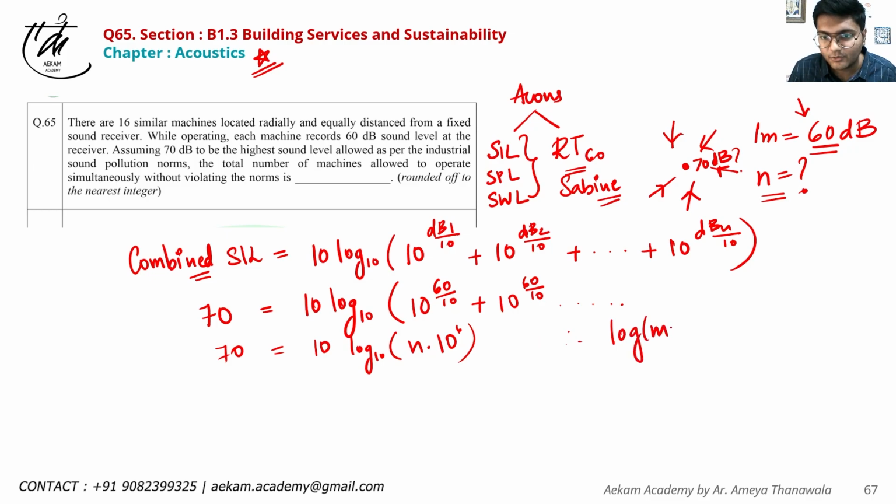Log of m into n is log m plus log n. Again, we do this in general aptitude. This is how your general aptitude knowledge and concepts will help you in NAT. This can be written as 10 log to the base 10 of n plus 10 log to the base 10 of 10 raised to 6.